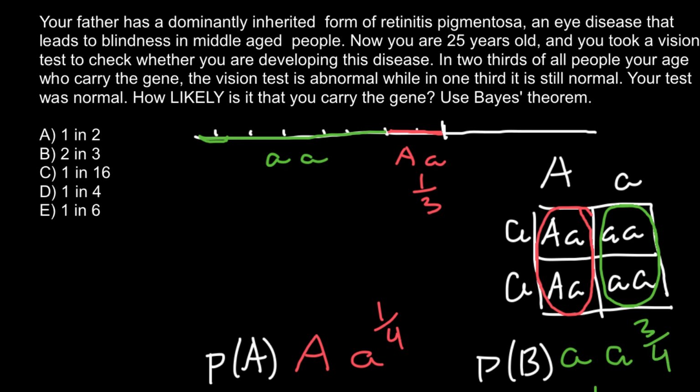So the probability that this person would develop this genetic disorder, and he would develop it if he inherited this dominant allele, would be 1 out of 4. And this is answer D. Our prior knowledge gave us information that his probability would be 1/2, because we know that the father was affected and the mother was not affected.